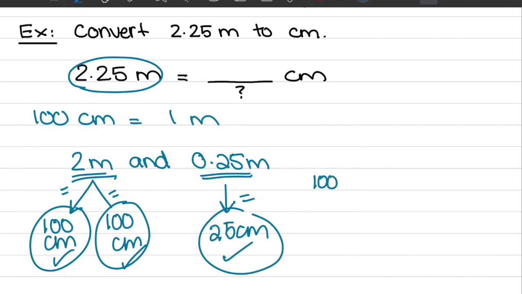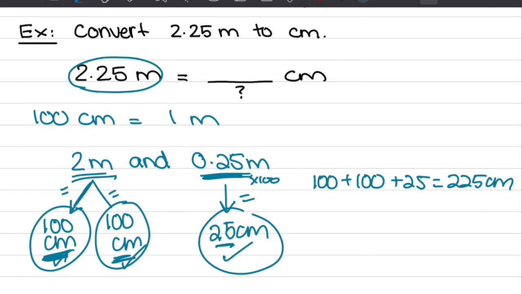That gives us 225 centimeters. Okay, so what we did basically is we created groups. Okay, so we multiplied that 1 meter by 100 to get 100 centimeters here, and we multiplied that 0.25 by 100 to get 25. Okay, so this is how we can approach it logically.